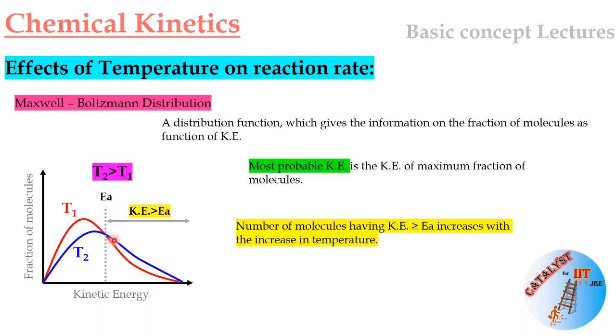So clearly the blue curve has more area, correct? What it signifies is that with an increase in temperature, the number of molecules that have kinetic energy greater than Ea increases, correct? That means you are increasing the rate of reaction because you are forming more products in less time.